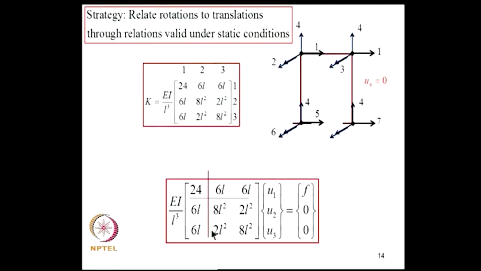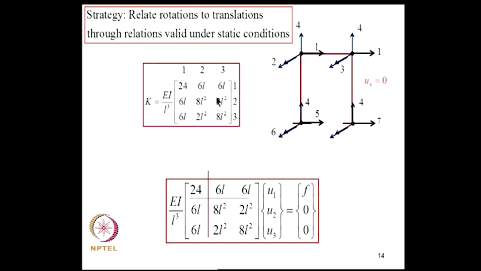We have seen in the previous examples that by including joint rotations the system will have 3 degrees of freedom, for example 1, 2 and 3. Now, 2 and 3 were put to 0 in the previous model, only 1 was taken as a degree of freedom. If we now take 1, 2, 3 as degrees of freedom, we have constructed this 3 by 3 stiffness matrix in one of the earlier examples, and this is the stiffness matrix we get.